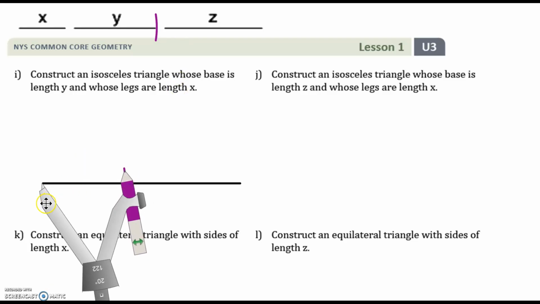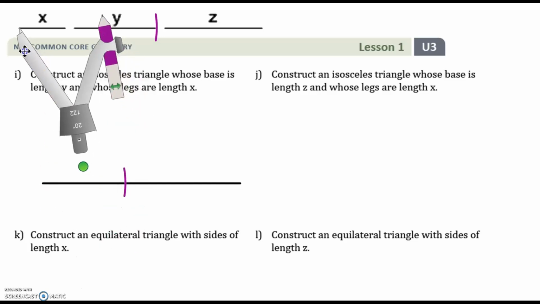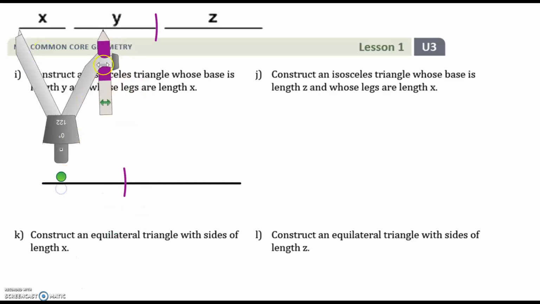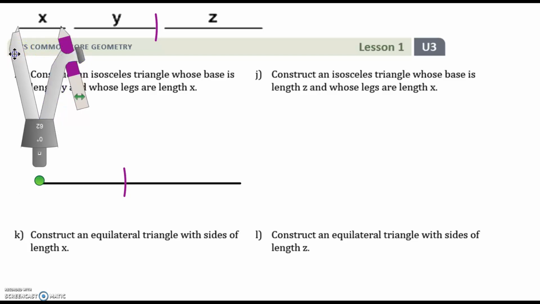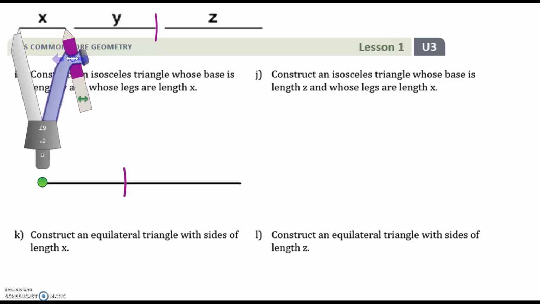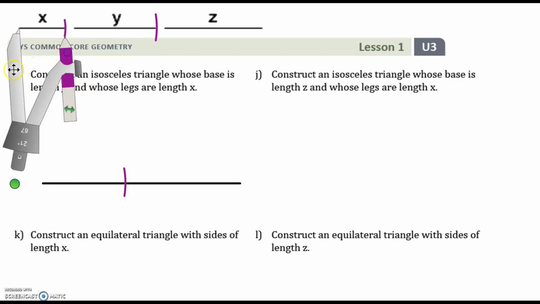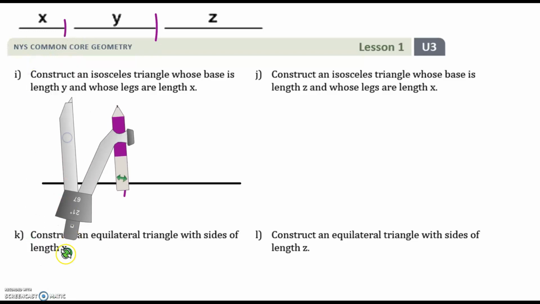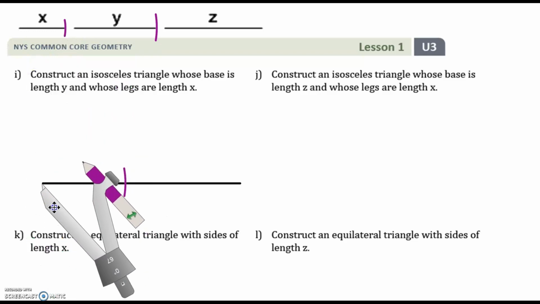And then the lengths of the legs will be X, so we're going to measure X, doing the exact same thing, and make sure that when you are measuring X, you do it as precisely as possible. And we're going to put each measurement on the ends of the segment I started with.